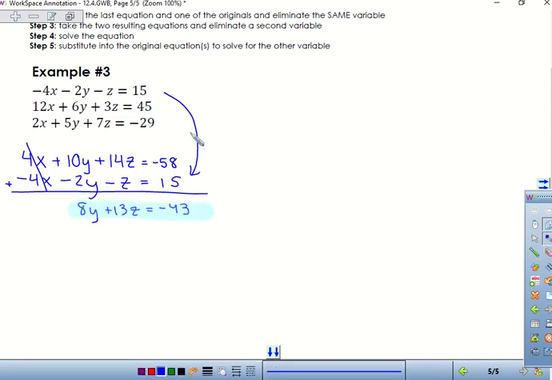So now, which one haven't we used yet? The middle one. Any ideas on how we can cancel out the 12x? Yeah, you have two options here. You could either multiply this one by negative 6 or this one by 3. I'm going to do the 3 one because less negative numbers, less room for error. But either one would work.